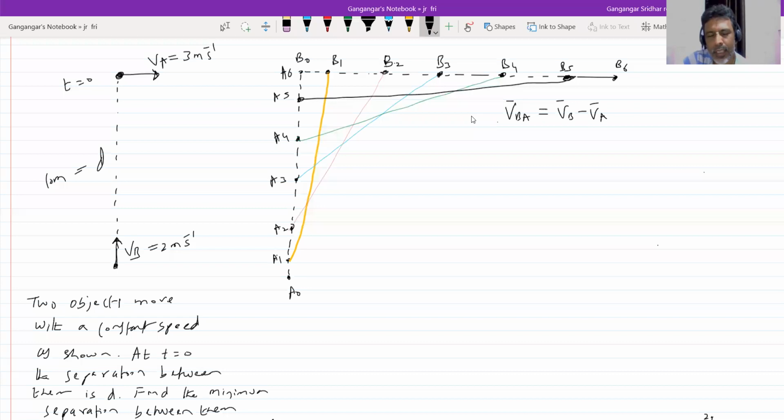Okay, I'll come here now. VBA. Let me make it a situation like this. I'll solve this problem in a very simple way. There's a distance of separation. There's a person A. I will find VBA. What direction will it come? Let's analyze the vector diagram.